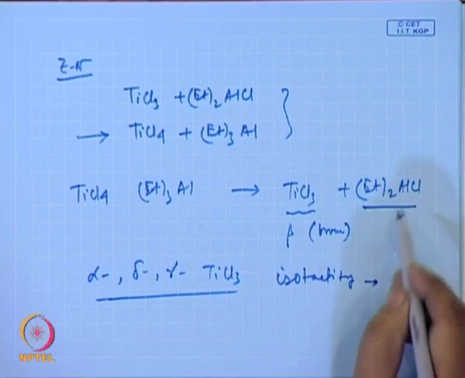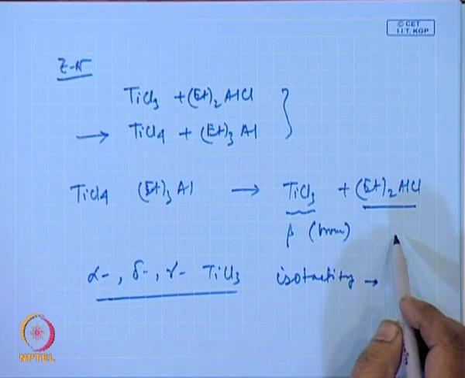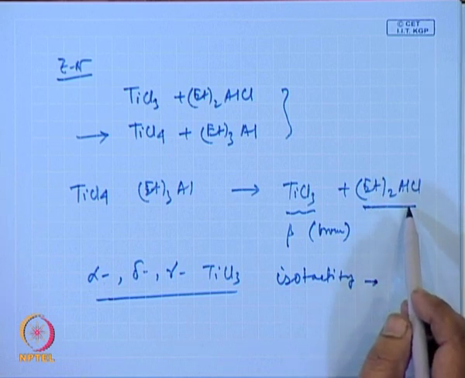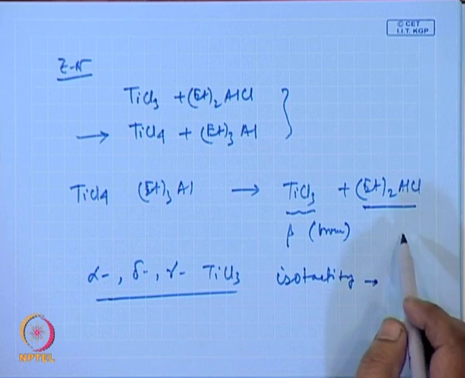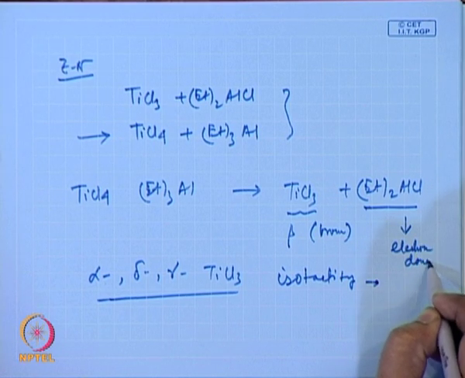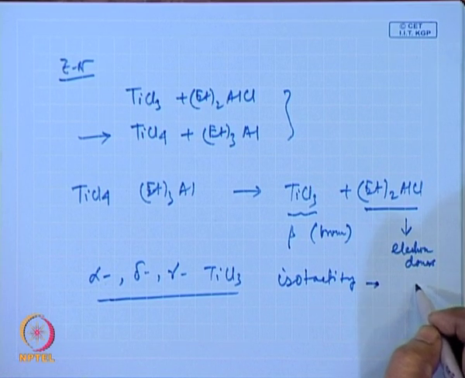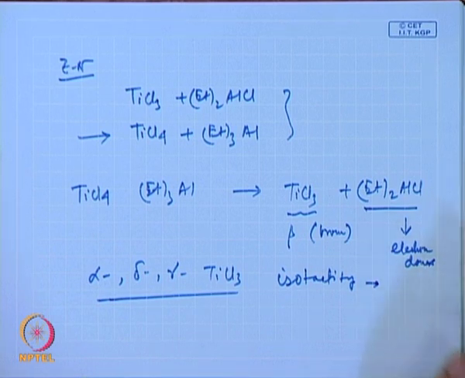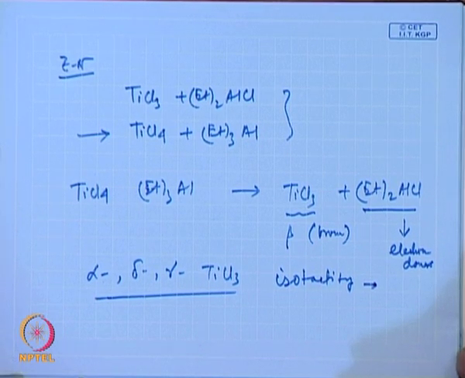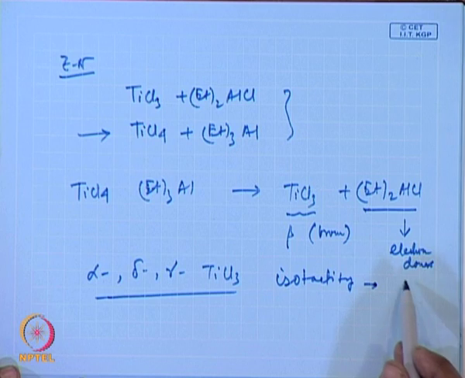That helps the activity and the stereospecificity. Sometimes, with trialkyl aluminum or dialkyl aluminum chloride, electron donors like Lewis bases are added to increase the reactivity and stereospecificity of the catalyst.